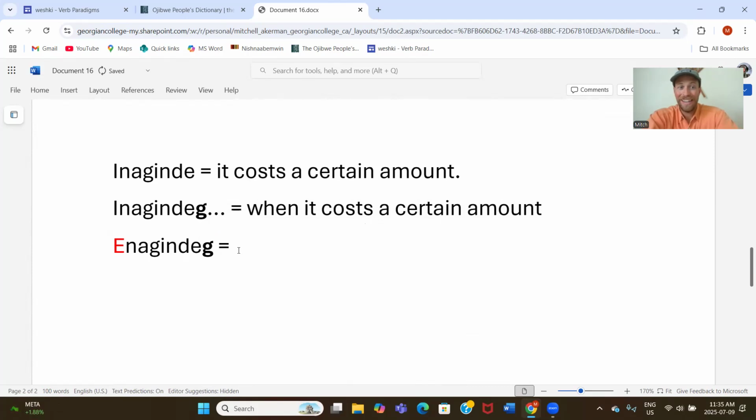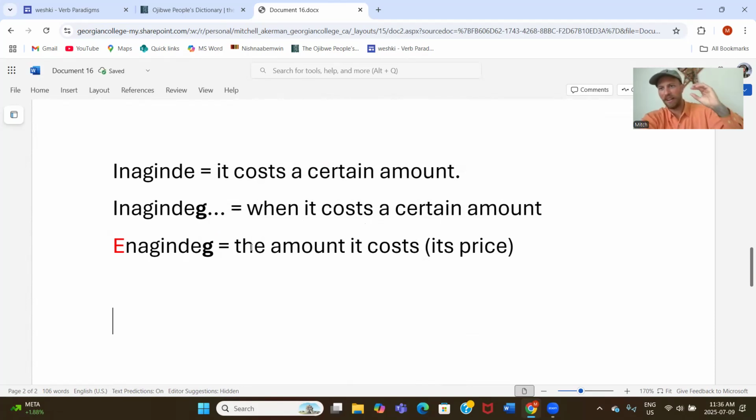In English, if A form means it costs a certain amount, in C form, it's the amount it costs, aka its price or its cost. That's what enagandeg now means. Enagandeg, the amount it costs.